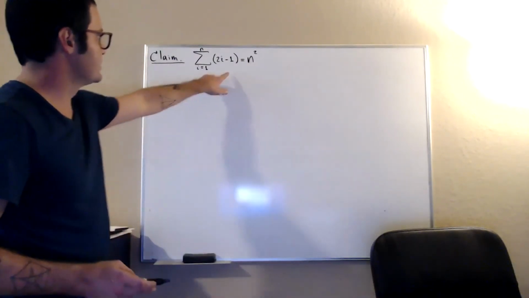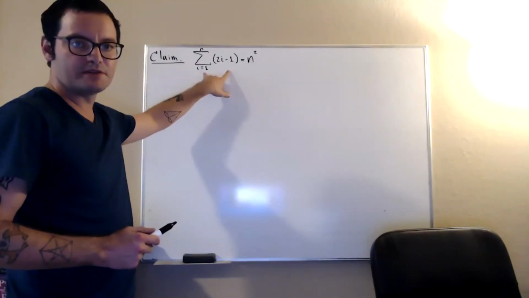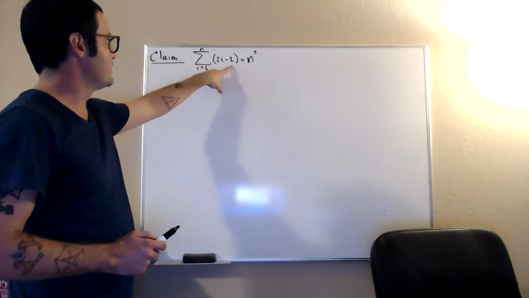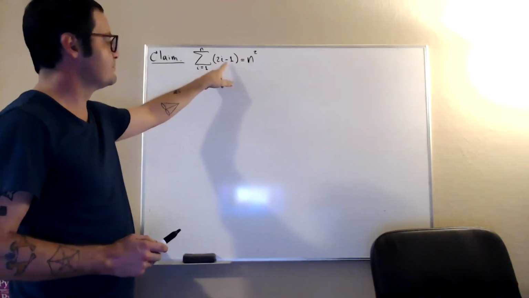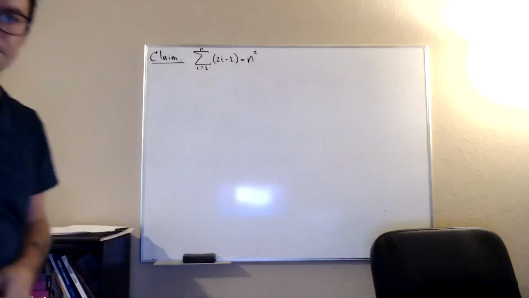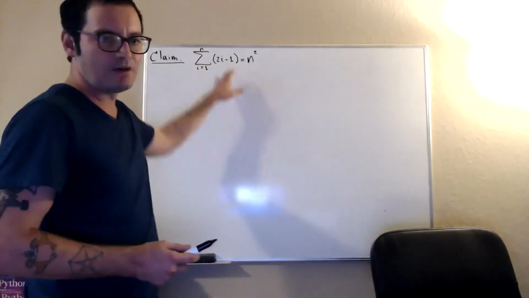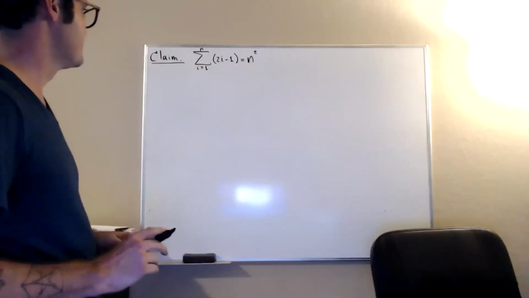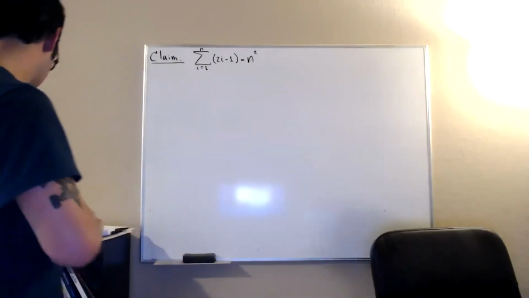And hopefully everyone here is comfortable with the summation notation. Right, this is just 2 times 1 minus 1 plus 2 times 2 minus 1, dot dot dot, plus 2 times n minus 1. So basically this is summing all the positive odd integers, right?